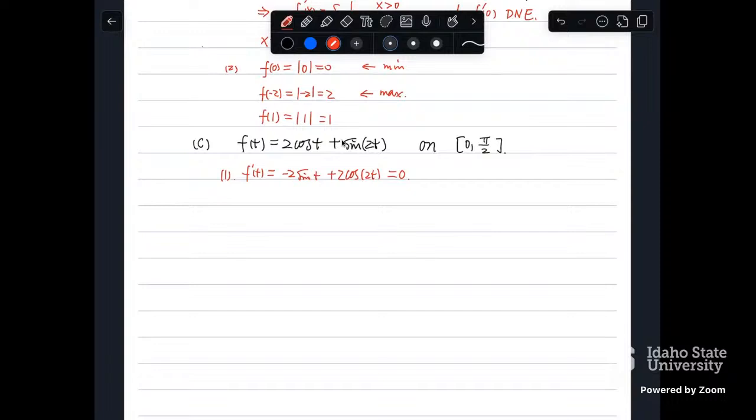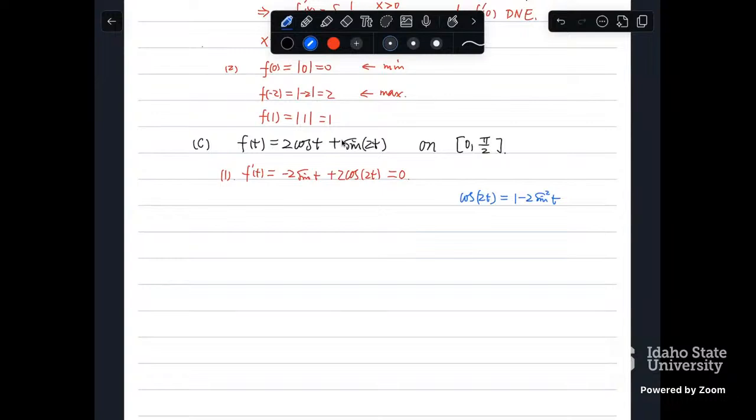The double angle formula has several forms. In this case, we can write cosine of 2t equals 1 minus 2 sine square of t. There are several ways to write cosine 2t. Cosine 2t equals cosine square of t minus sine square of t, and you can also write it as 1 minus 2 sine square t, or 2 cosine square t minus 1.